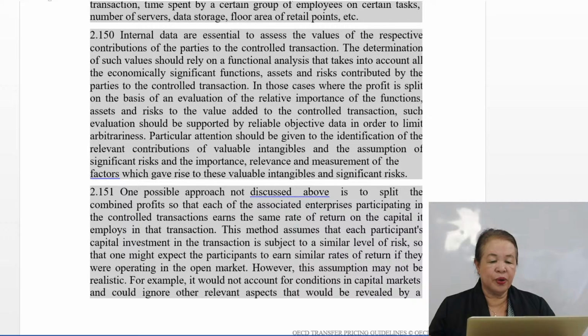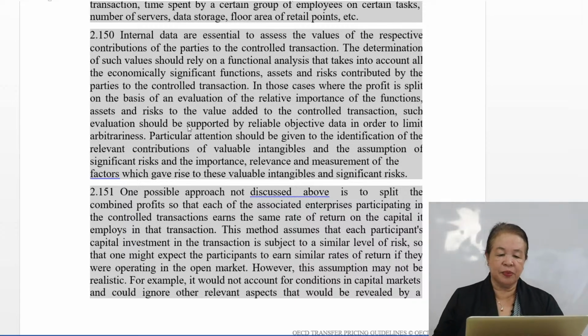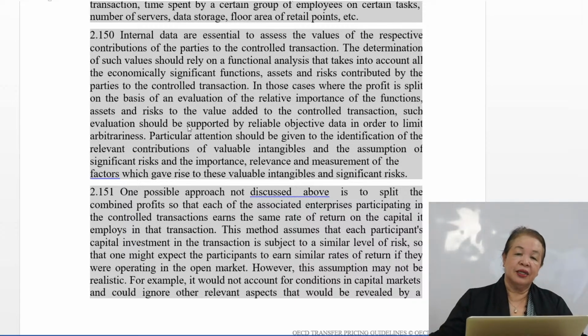One possible approach not discussed above is to split the combined profits so that each of the associated enterprises participating in the controlled transactions earn the same rate of return on the capital it employs in that transaction. No? Sa transaction lang na i-split. No? Kasi possible din na may transaction din yung certain party na hindi naman dapat i-split kasi hindi siya integrated or sarili lang niya.